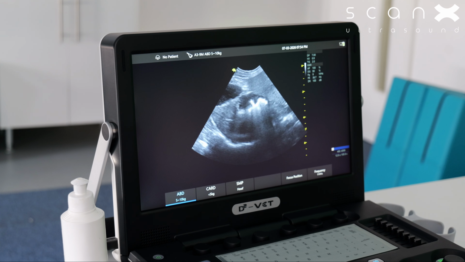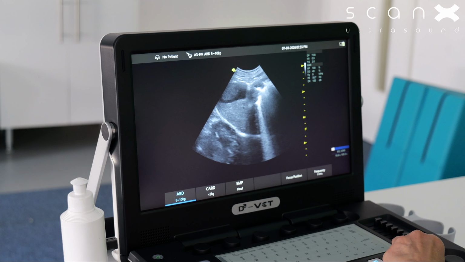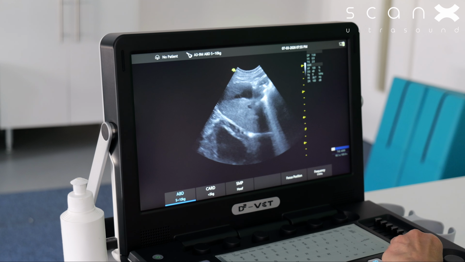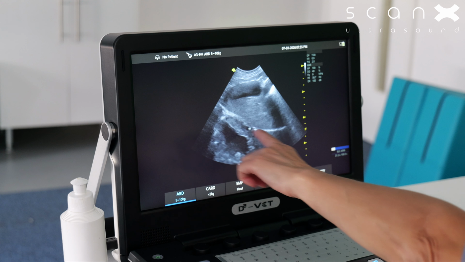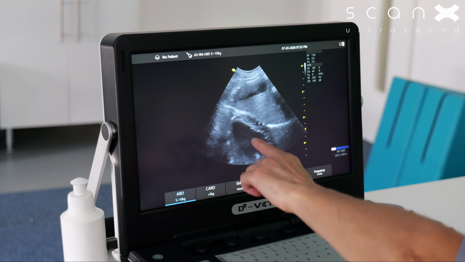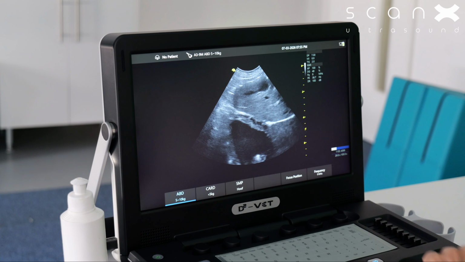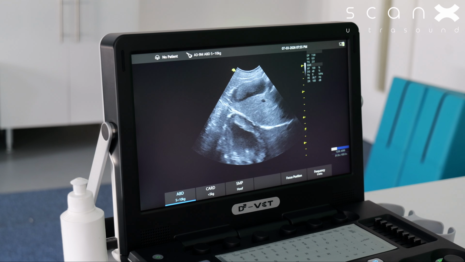This is a longitudinal, sagittal view of the liver. We can see the diaphragm and the heart, and you can angle the probe to see the cranial margin, the cranial liver lobes. They're nice.